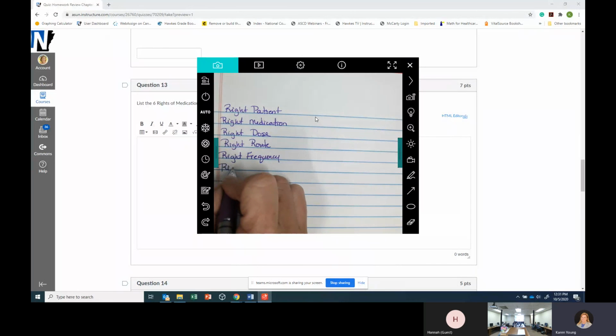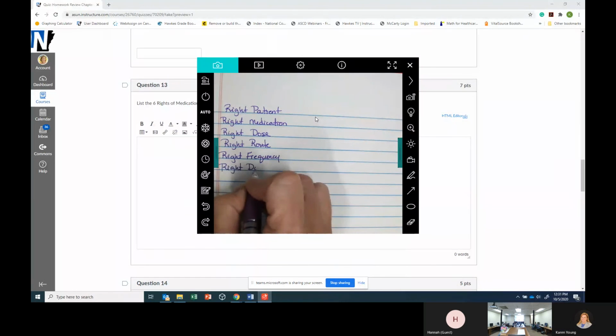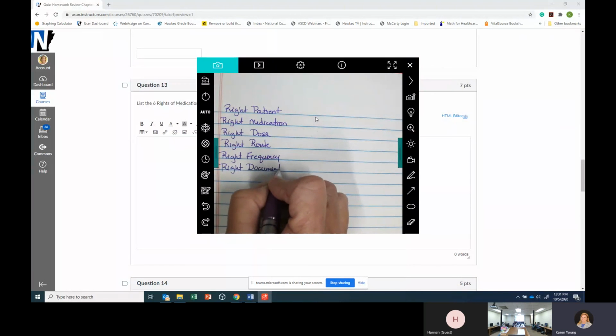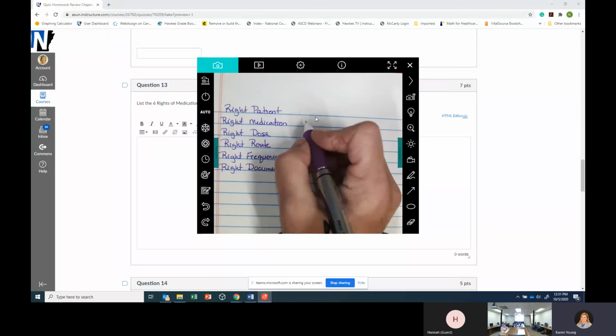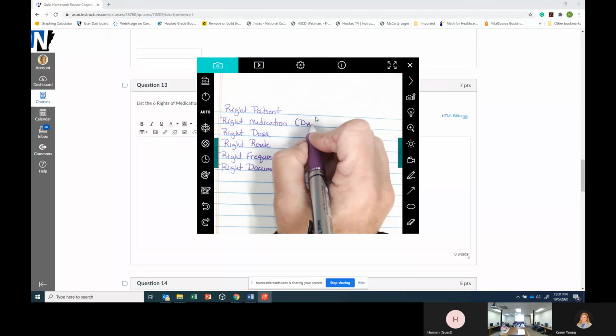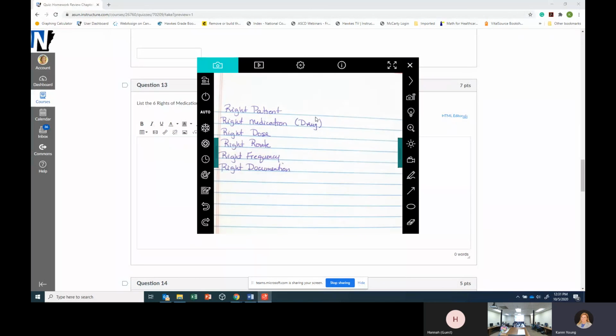And the right documentation. That means that you're going to write it in the MAR that you gave it to them. So right patient, right medication, right dose, right route, right frequency, and right documentation. I think the book has drug instead of medication.